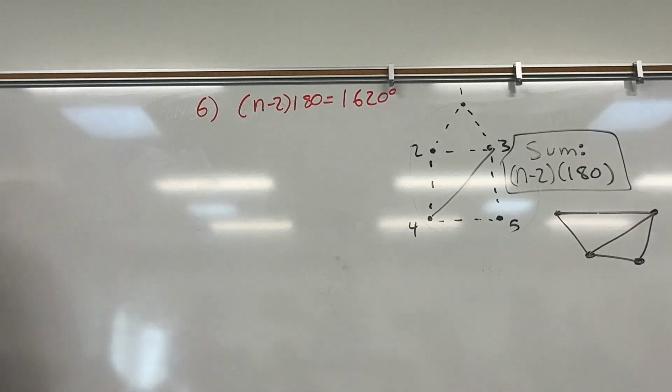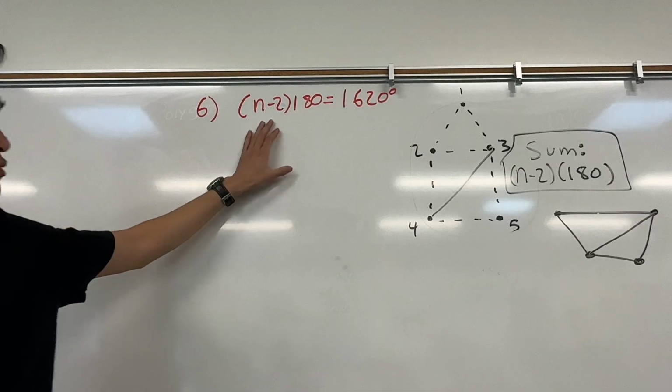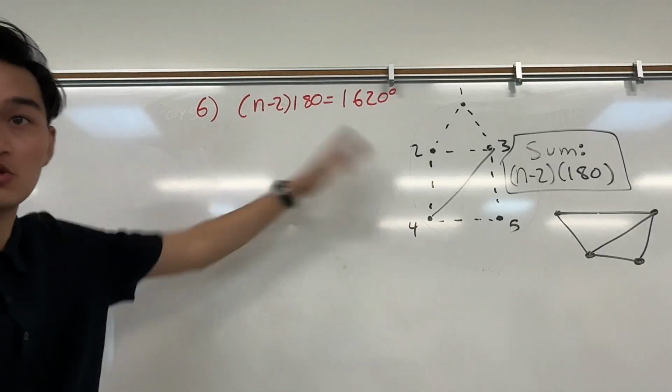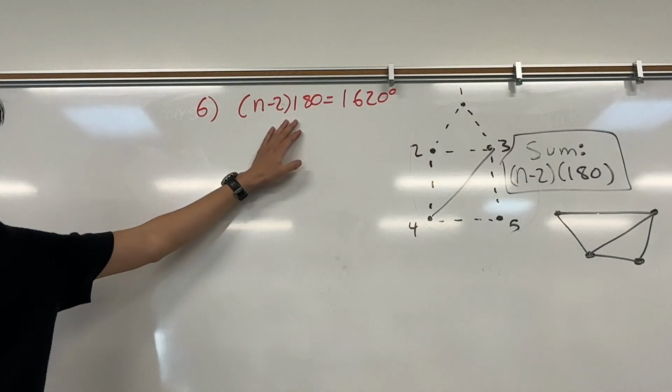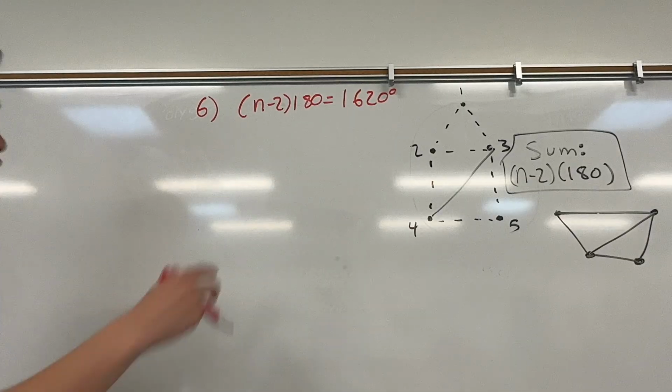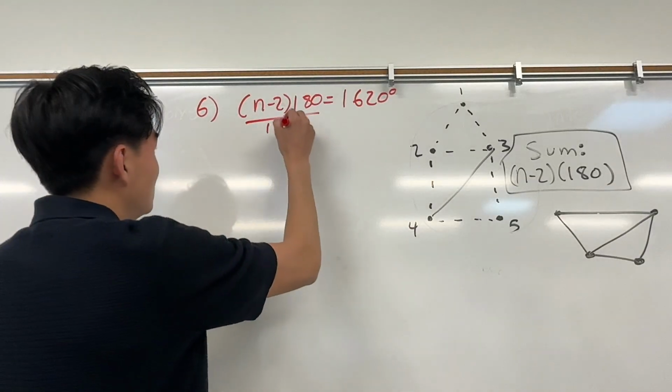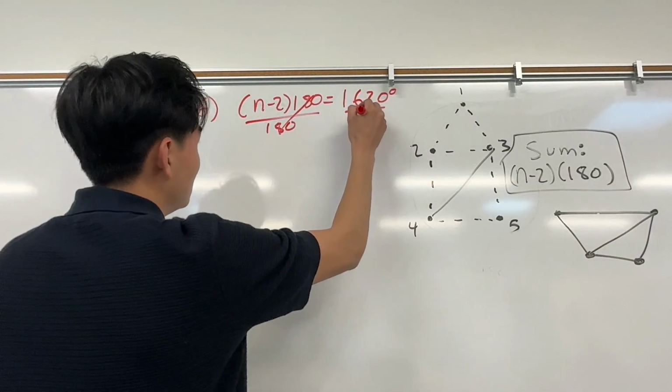So this one's a little harder because you have to do different math than just multiplying, like to find the sum. So I would be dividing by 180. Do you see that? So divide by 180.